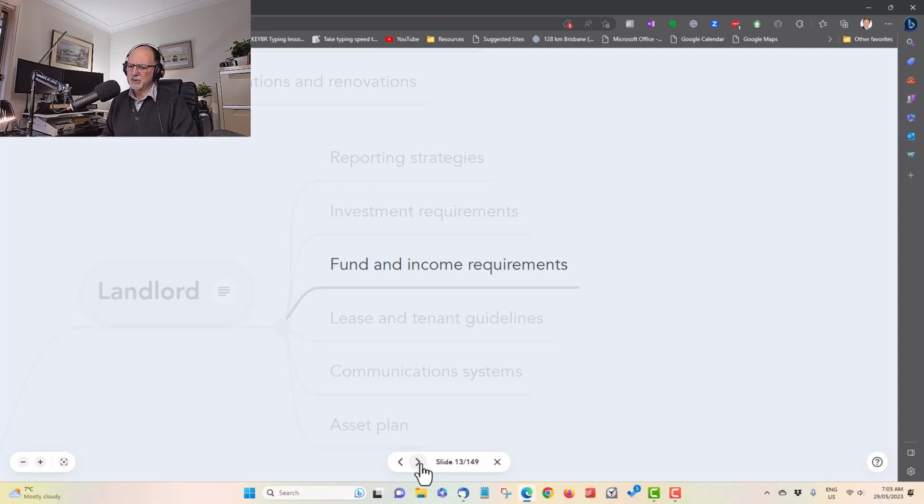Now, if you're dealing with investment funds, trusts, that sort of thing, and I have done that for many, many years, the fund understands they have certain cash flow pressures and requirements. So you've got to know what they are. When do they need the money? How are they going to budget for the dips and troughs in net income?